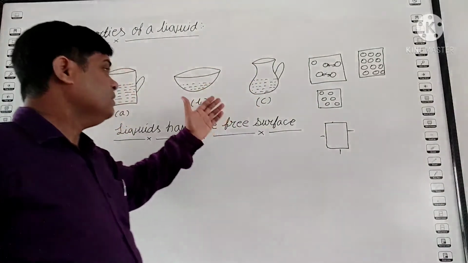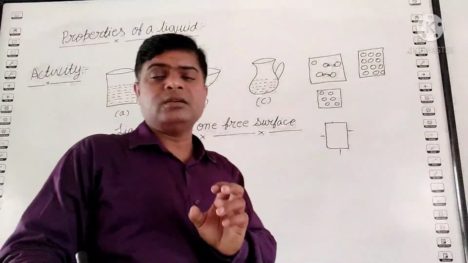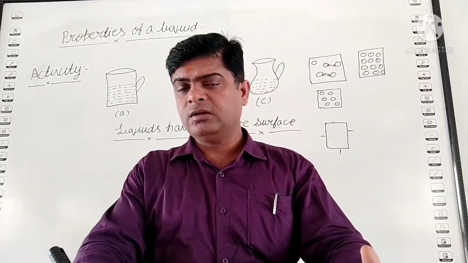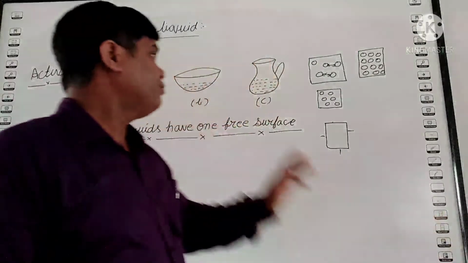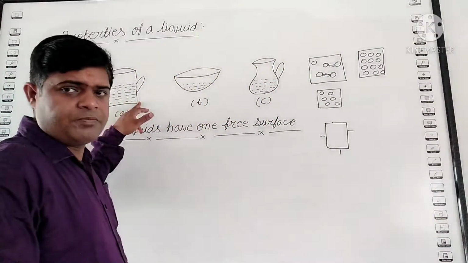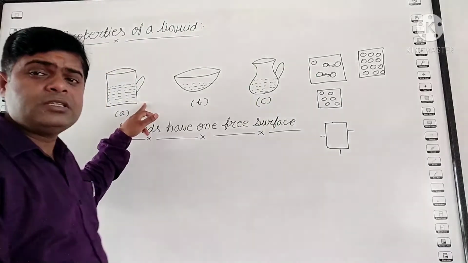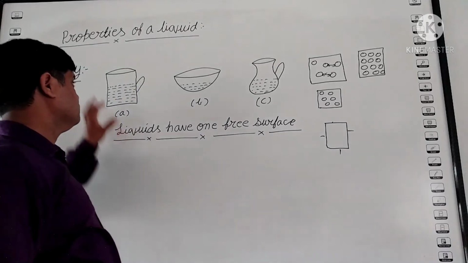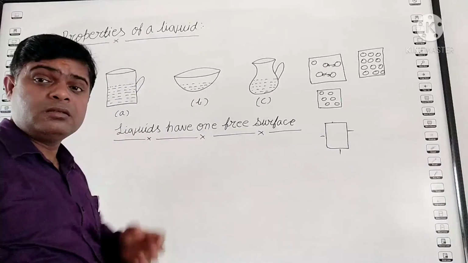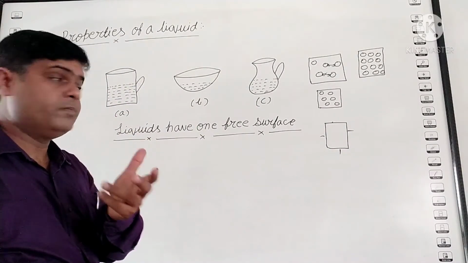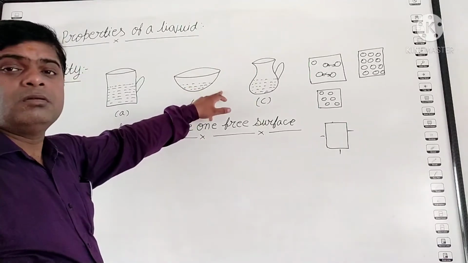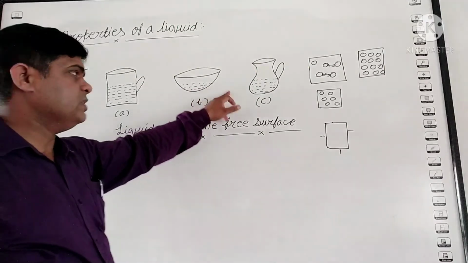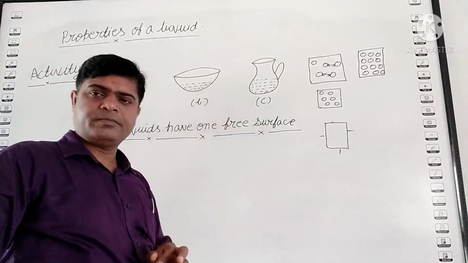So student, if you take 1 liter of water or any liquid, milk or oil, and after that you fill it in the first cup, figure A, the liquid converts into the cup shape. In the bowl it becomes bowl shape. In the jug it becomes jug shape.